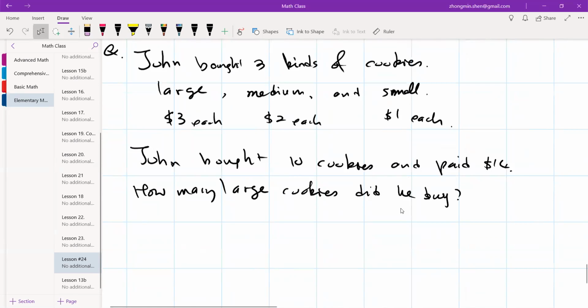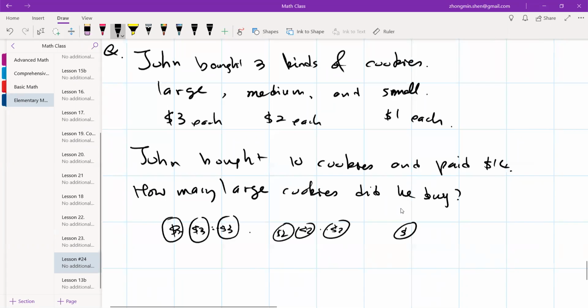So let's call, this is what we do, we don't know how many of them. This is large, $3. Those are medium, $2. You don't know how many of them. And those are the $1, right? And total $14 he paid.